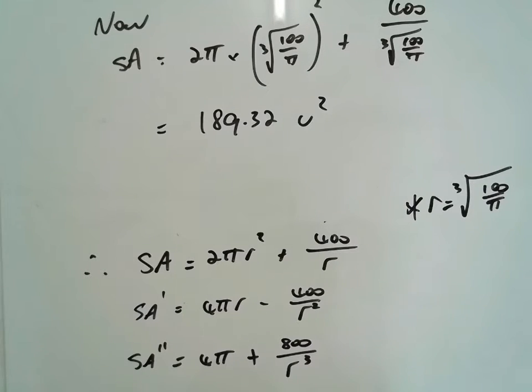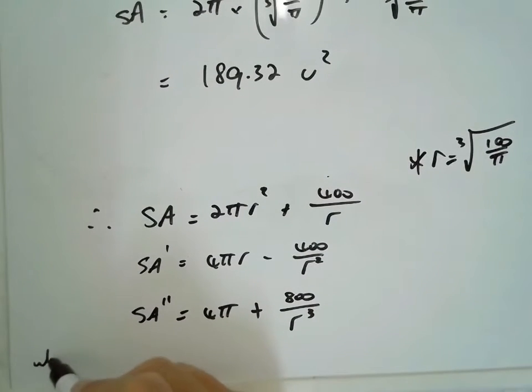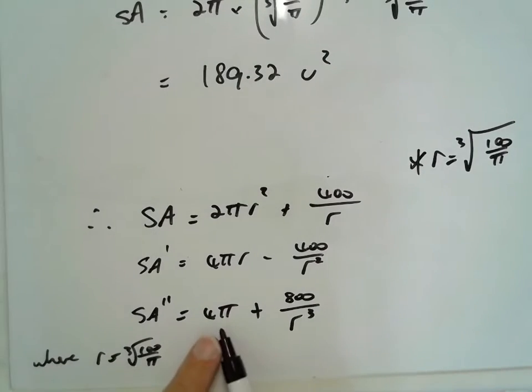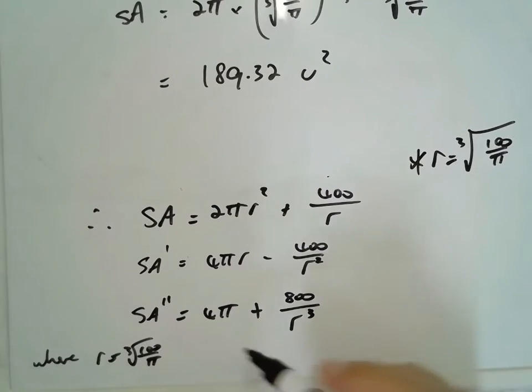Okay, so what is our second derivative where r equals the cubic root of 100 on pi? Well, that's a positive number, that's a positive number, and clearly that's going to have to be a positive number, so a positive plus a positive.